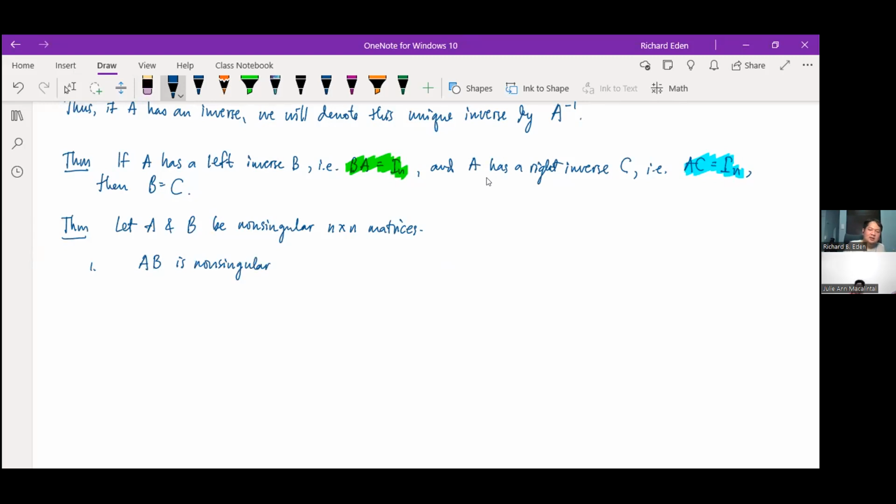And in fact, what's the inverse of AB? Or rather, how can we find the inverse of AB in terms of the inverses of A and B? Do you remember this? What's the inverse of AB?